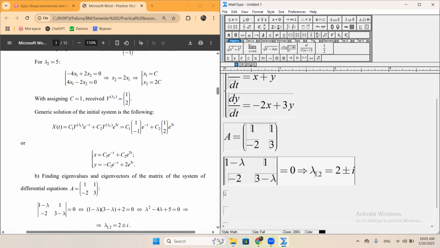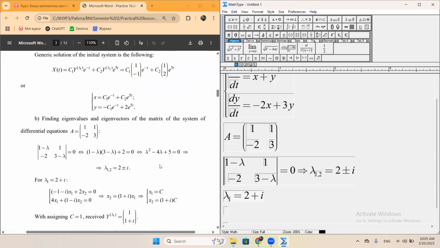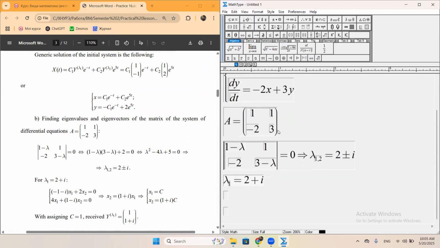For the first lambda, 2 plus i, I will not spend time solving this system of equations. I will just write down that the vector y for lambda 1 will be equal to 1 and 1 plus i.